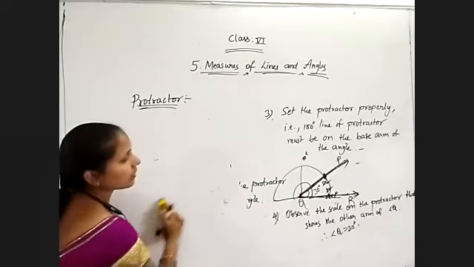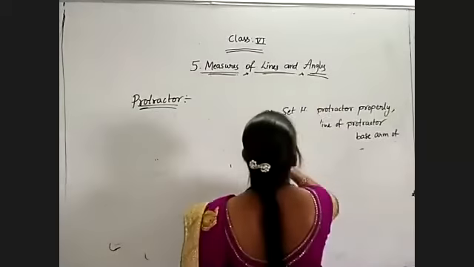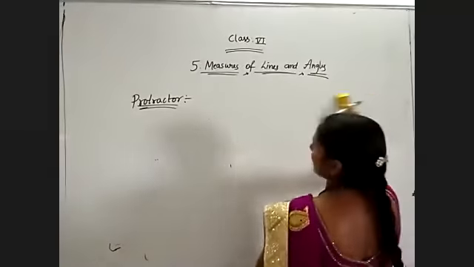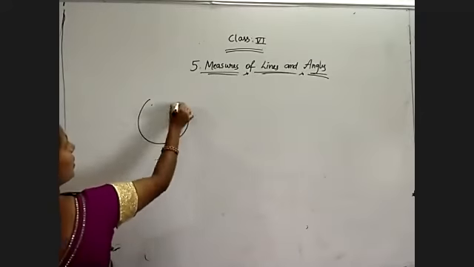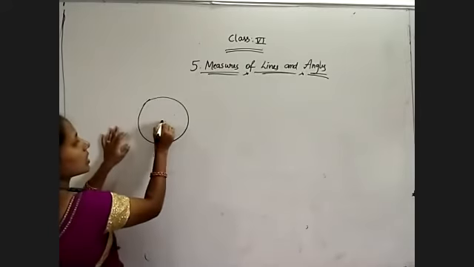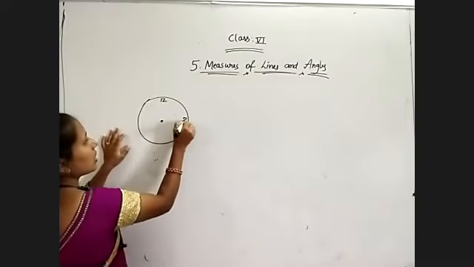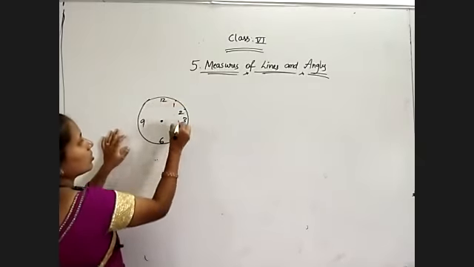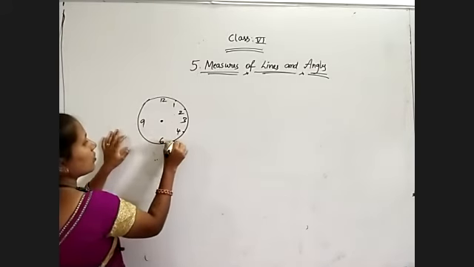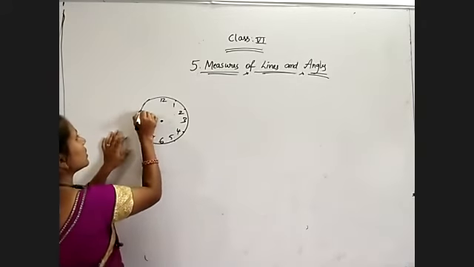Now observe the hands of the clock. What are the different types of angles formed between the hands of the clock? Observe the numbers shown in the clock: 12, 3, 6, 9, 1, 2, 4, 5, 7, 8, 10, 11.